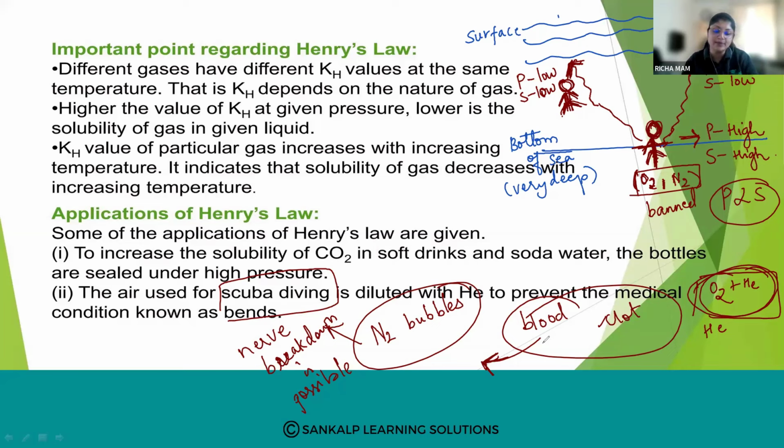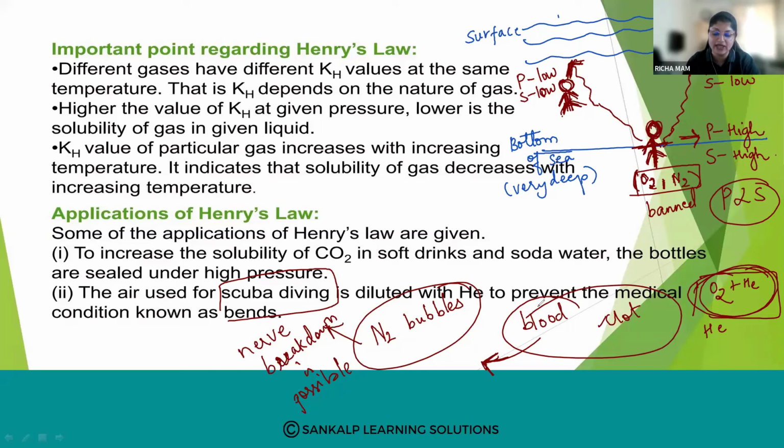The deep sea divers breathe under high pressure underwater. At high pressure, the solubility of the gas in the blood increases, but when they come towards the surface, the pressure will decrease, and the dissolved gases will come out in the form of bubbles. This will block the capillaries.